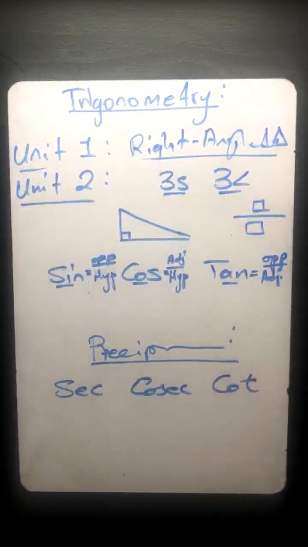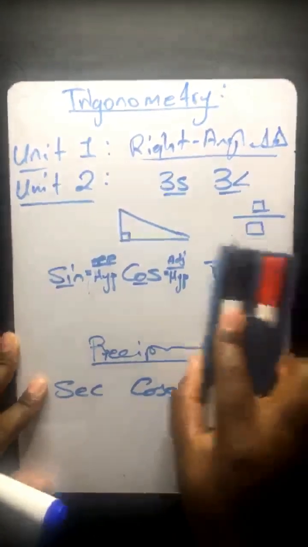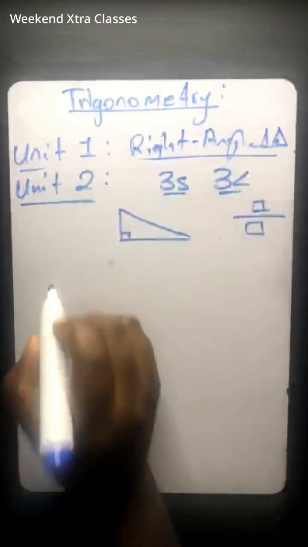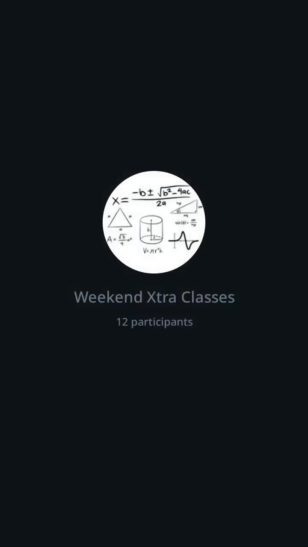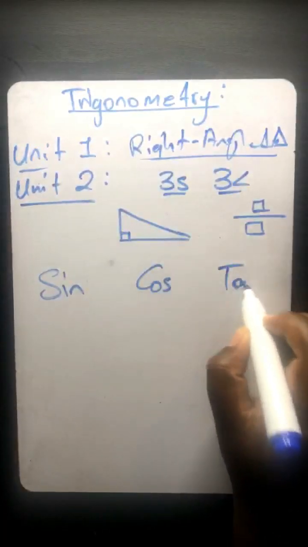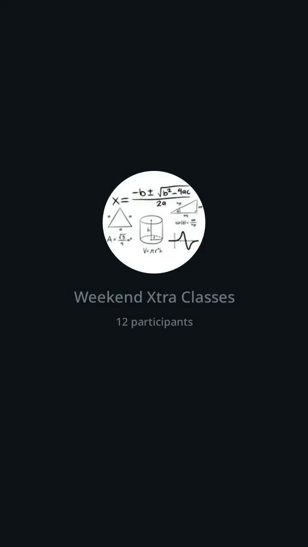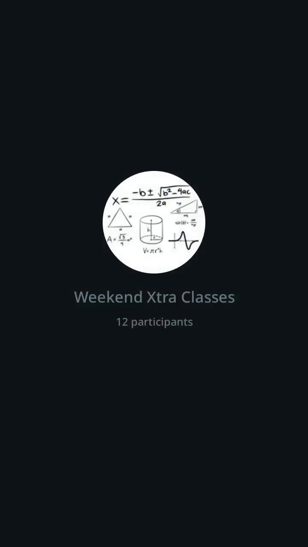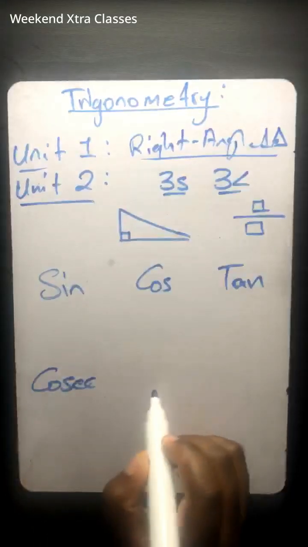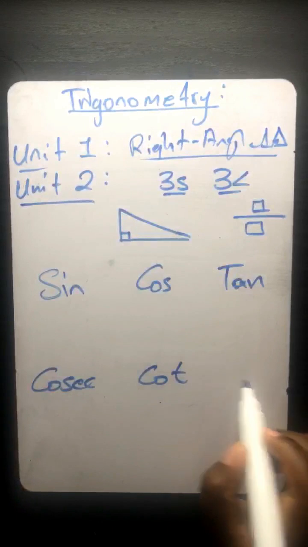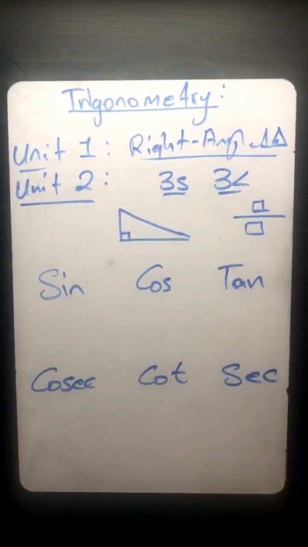Let me remove all of these and say trigonometric ratios. Let's say we have sine, cos, and then tan. And in terms of the reciprocals, let's say we have cosec, and then maybe cot, and then sec.